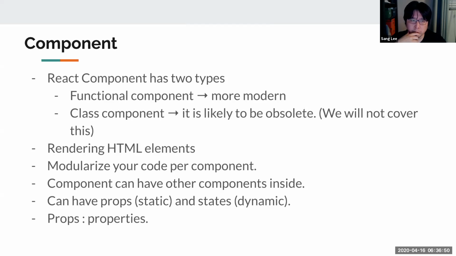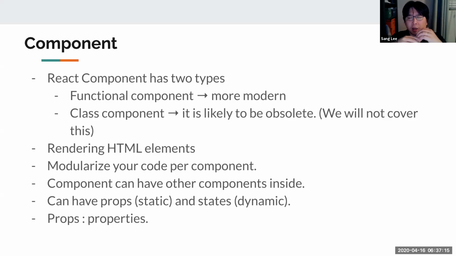The purpose of the component is to basically create a unit of UI that has HTML elements and some states and behavior, event handlers, and so forth. So components are kind of like modules of React.